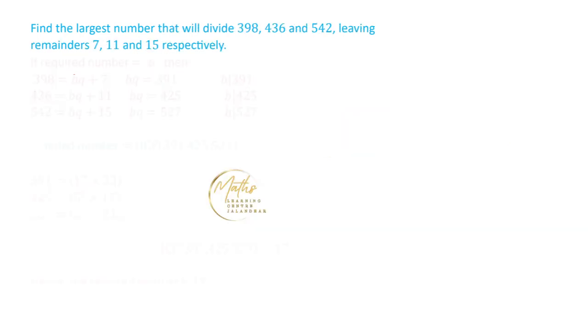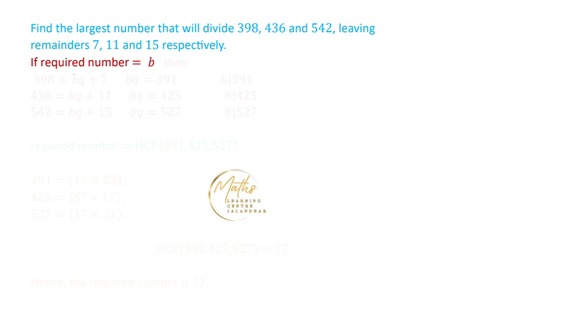In this question, we have to find the largest number that will divide these three numbers, 398, 436 and 542, and leaves the remainders 7, 11 and 15. So let the required number, that is the largest number we are talking about, be b.